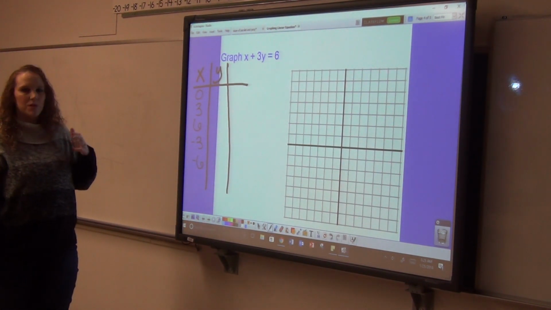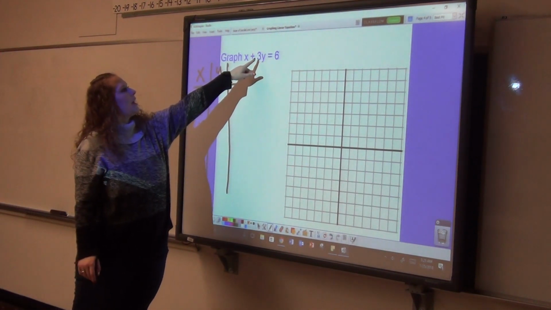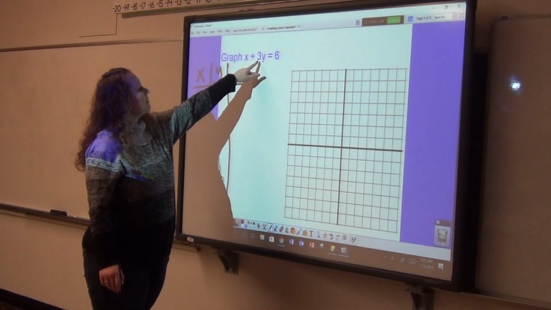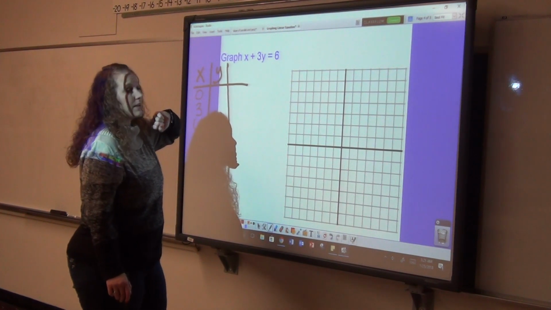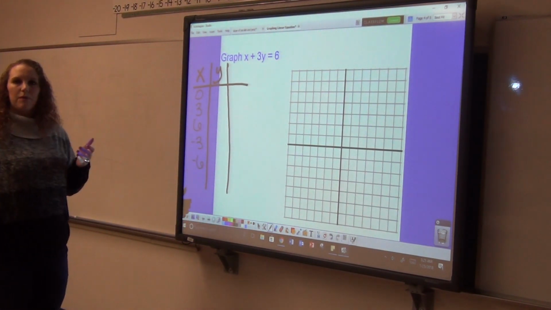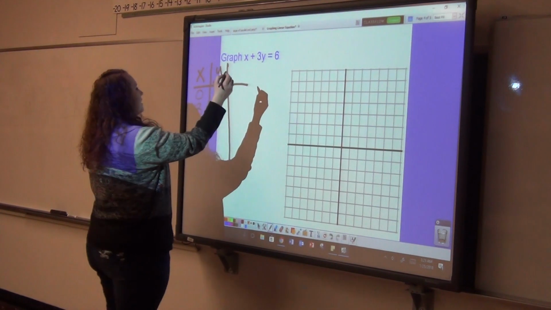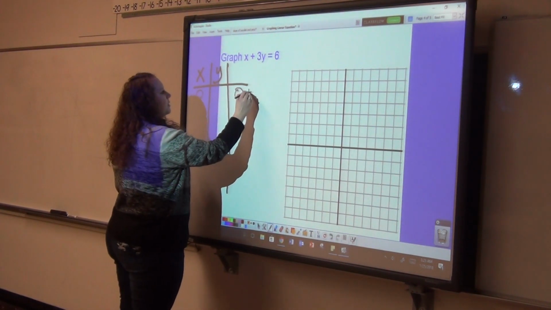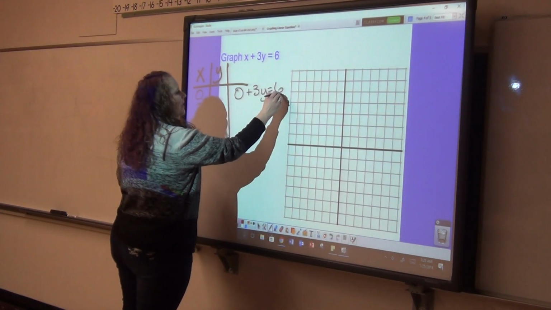The reason I picked multiples of 3 is because I'm going to have to divide by 3 to get that 3 away from my y when I solve for y, and I don't want to have to deal with fractions.